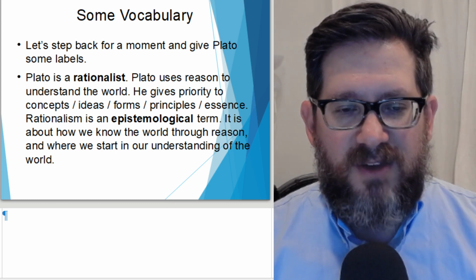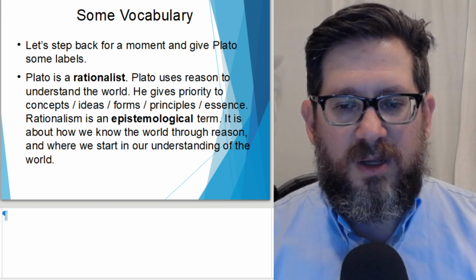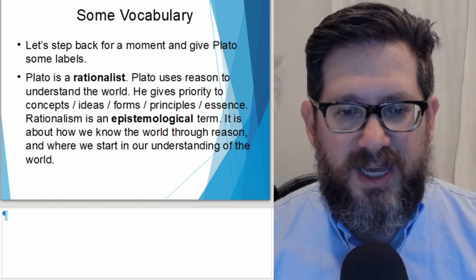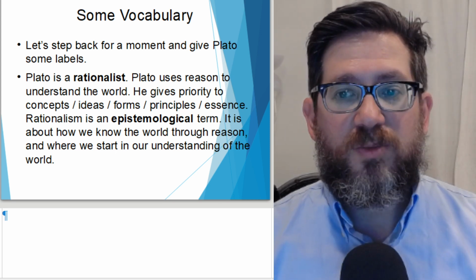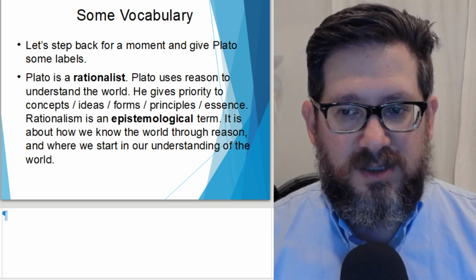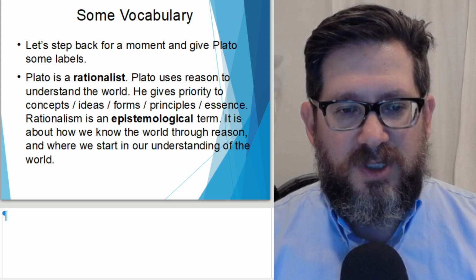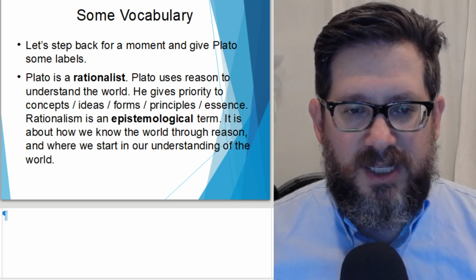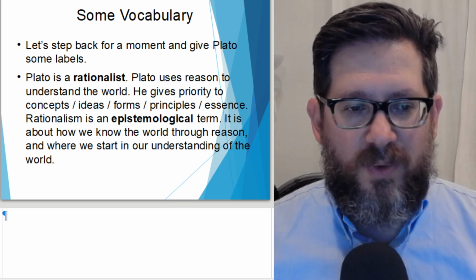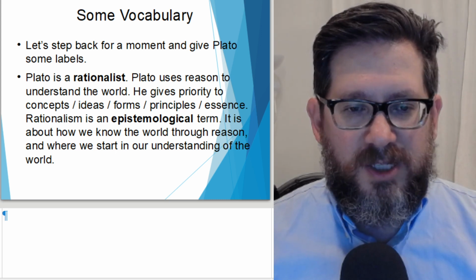The definitions, the forms, come before the things we encounter in the visible world, the things that we experience through our senses. So it's about how we know the world through reason and where we start in our understanding of the world. So we know that Plato is a rationalist, and that's part of his epistemology.